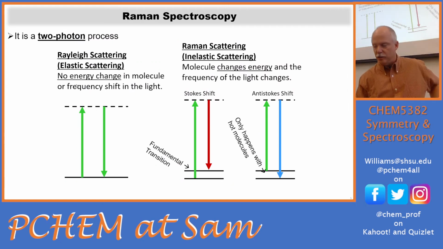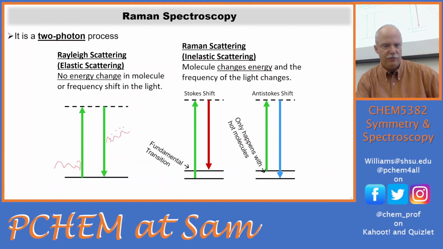So Raman spectroscopy is a 2-photon process, as we've talked about. And so we have Rayleigh scattering and Raman scattering. Rayleigh scattering is if there's no change in the frequency of light. So the incoming photon leaves with the same frequency, same wavelength. This little dashed line is not an energy level.